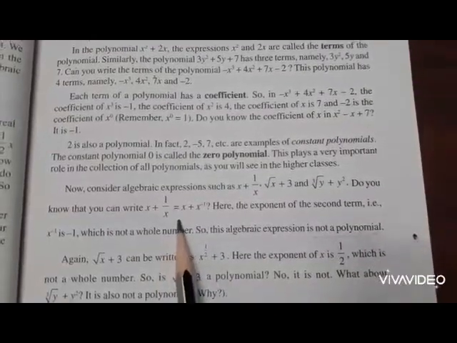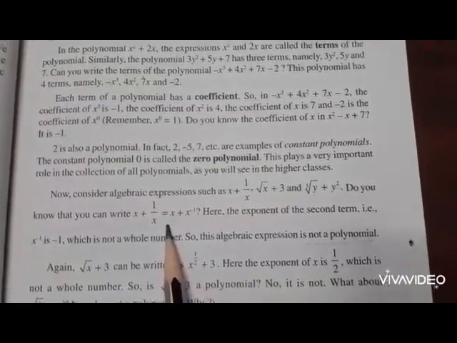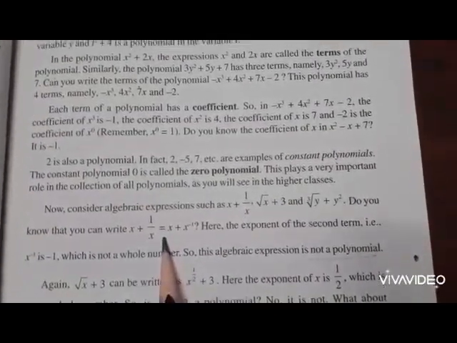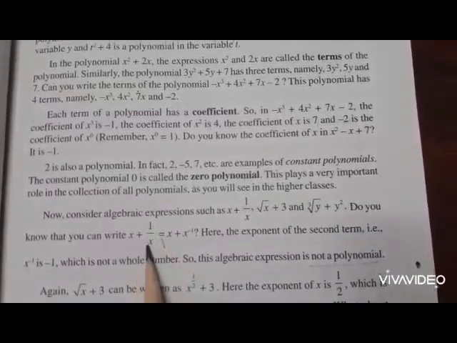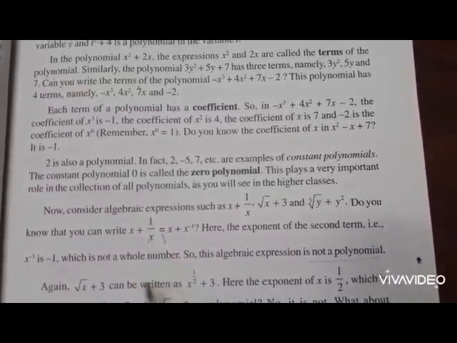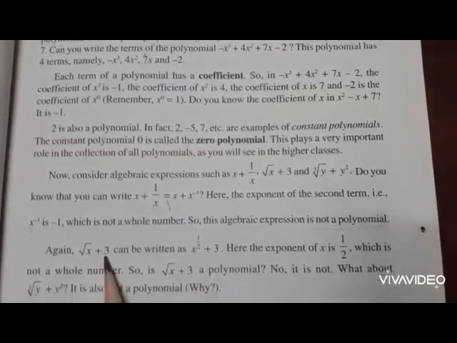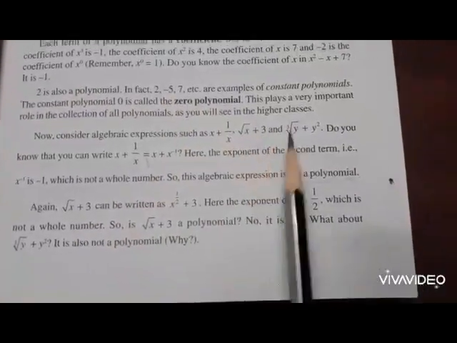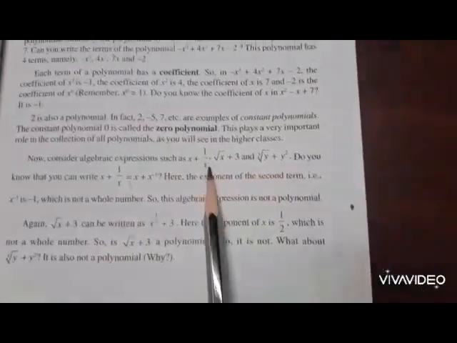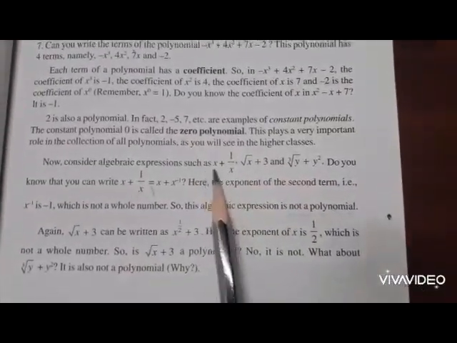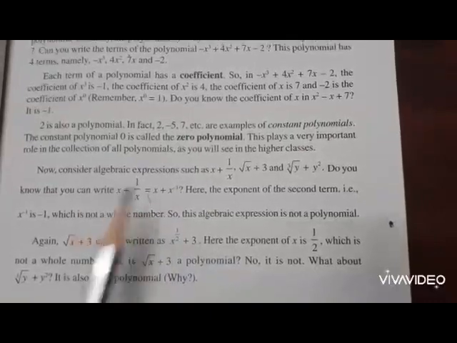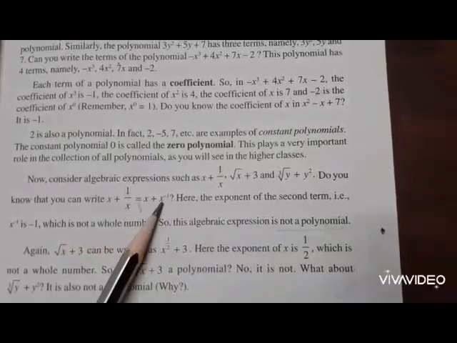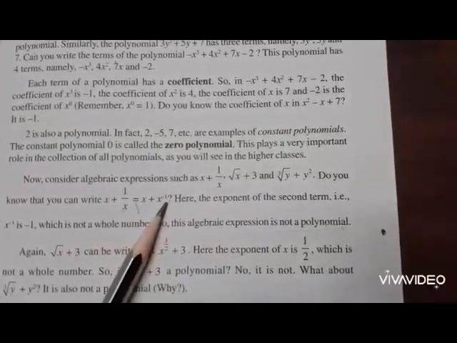How do we check whether an expression is a polynomial or not? X plus 1 upon x, or root x plus 3, these are all not polynomials. Why are they not polynomials? Because here 1 upon x can be written as x to the power -1. That means the power of x is -1.